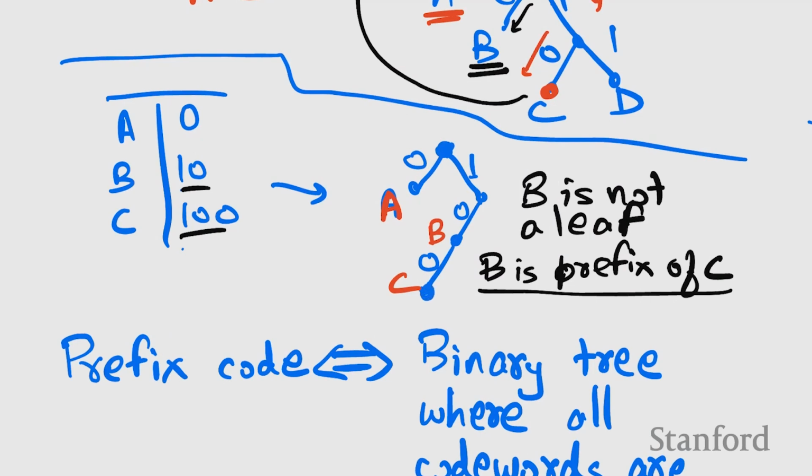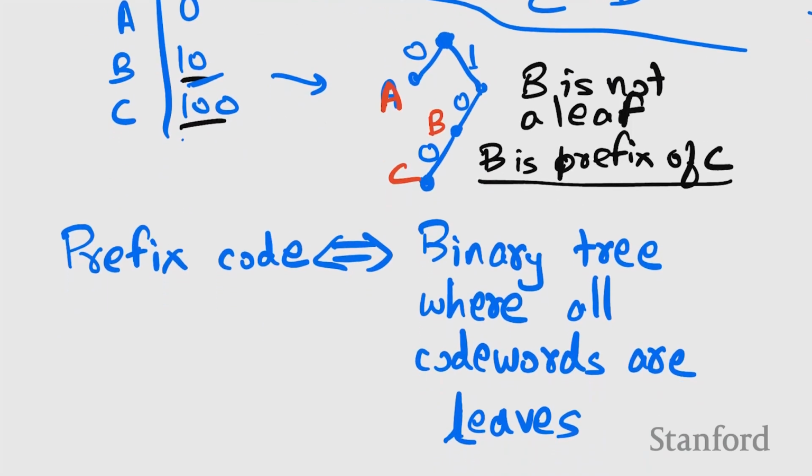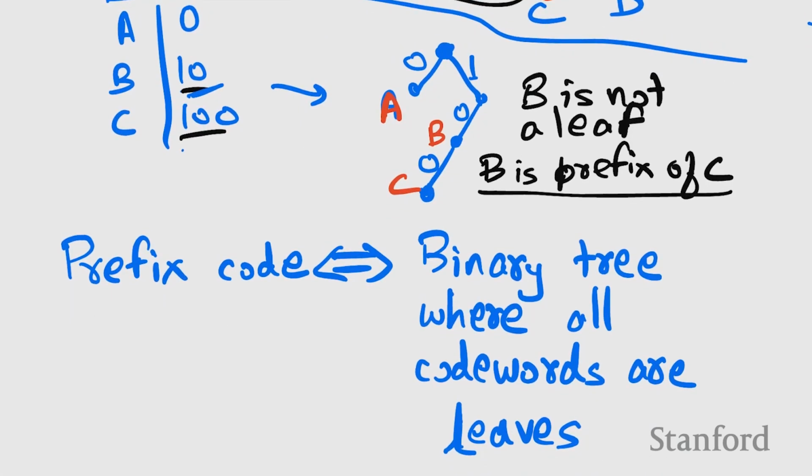C is a child of B. So that means the code word for B is a prefix for the code word of C, because of the way we define things here. Is that clear? So you see there is an equivalence. Basically, any prefix code is equivalent to a binary tree where you have a certain property.